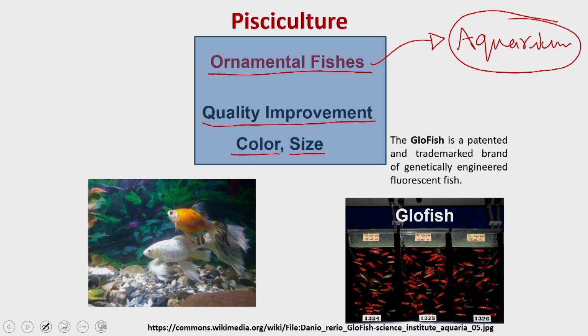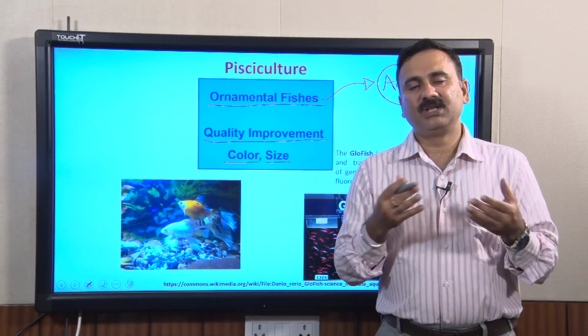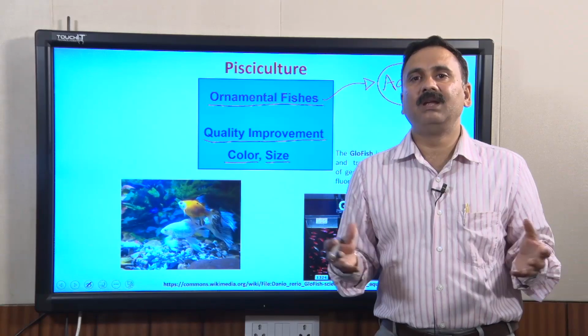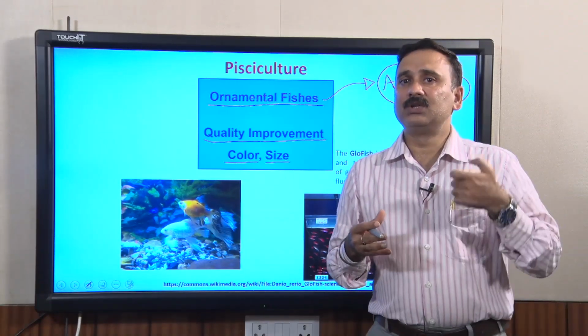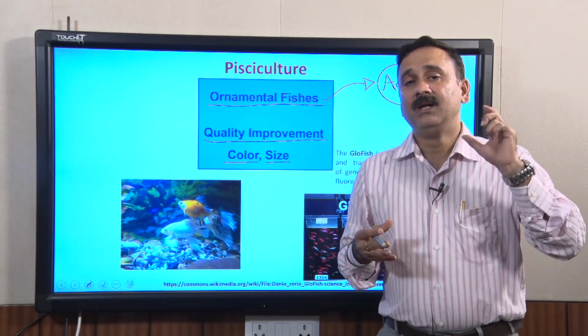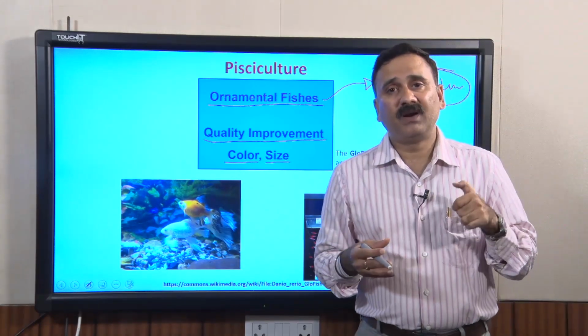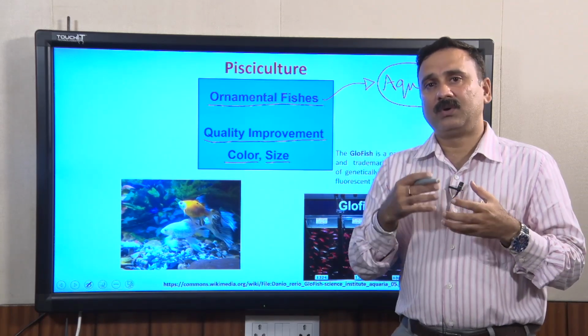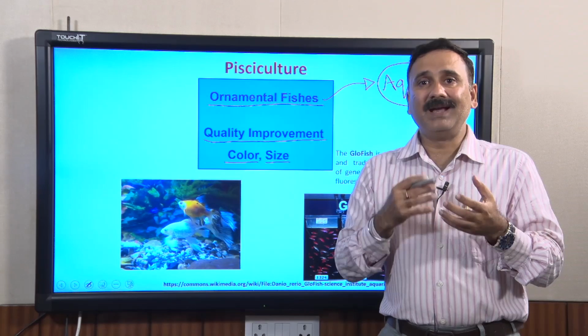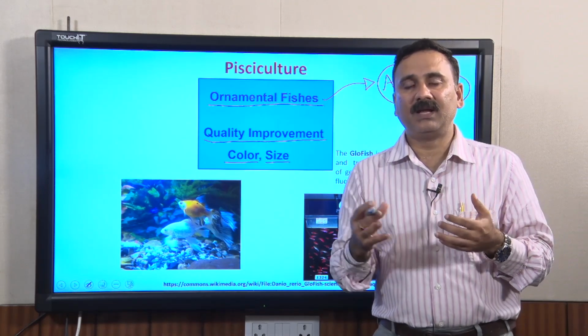Because of that, you want these fishes to be as attractive as possible. So you can make genetically modified fishes that have different color patterns and different sizes.